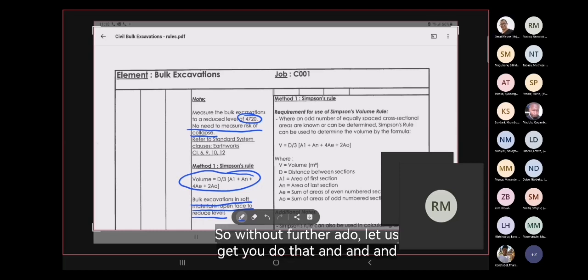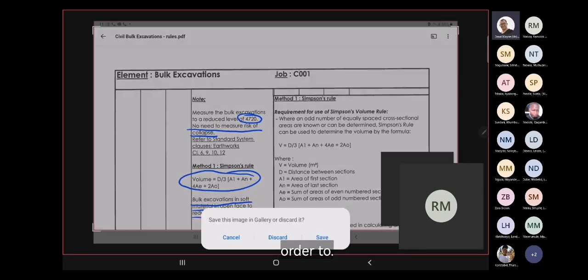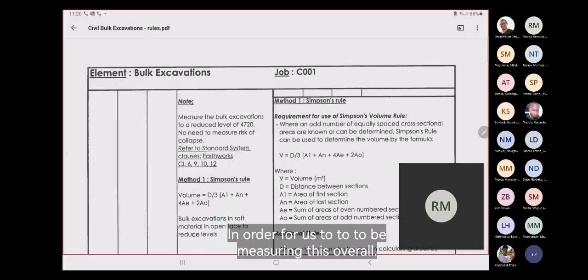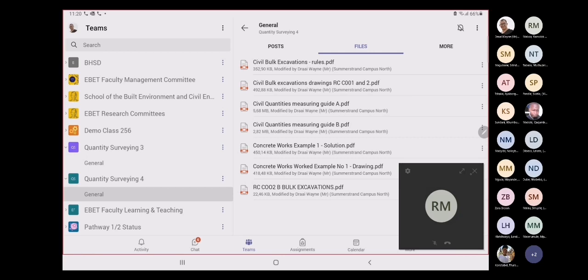Without further ado, let us get into that, and allow me to go back to the drawing so that I can share and make the notes I need in order for us to measure this overall.